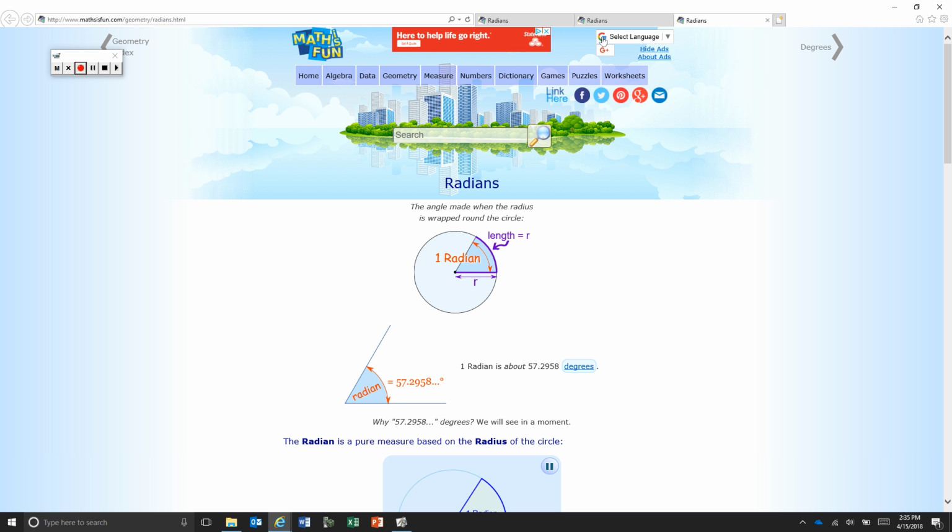A radian is the radius wrapped around the circle. So one radius wrapped around the circle gives me a radian measure in here.